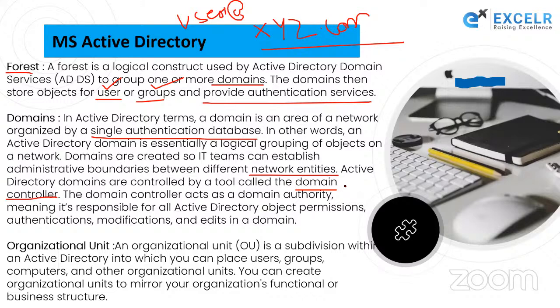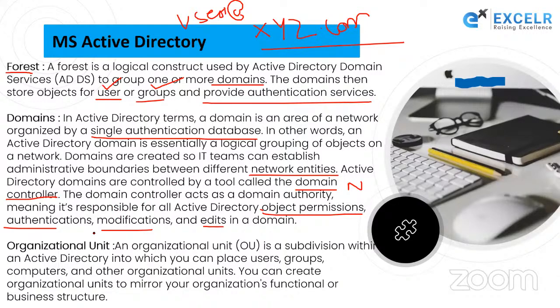You need to have n number of domain controllers based upon that. A domain controller acts as a domain authority, meaning it is responsible for any object permission within your Active Directory, authentication, modification, and edits within your domain. So it is a very, very powerful tool when you want to manage all the users, laptops, endpoints, and so on.